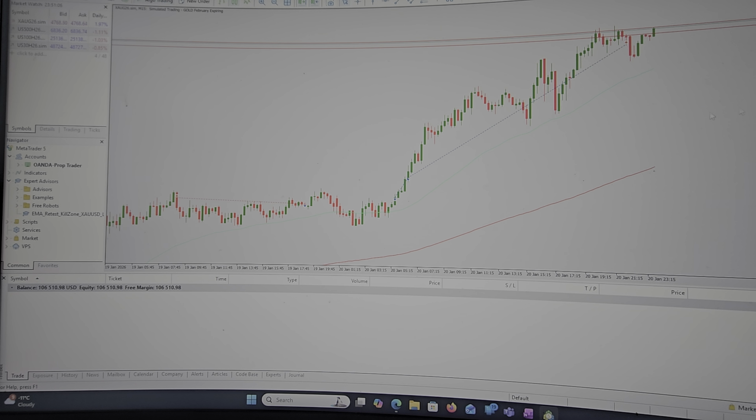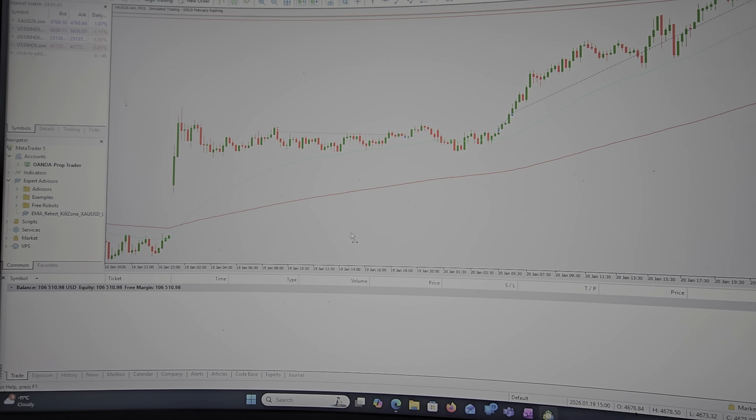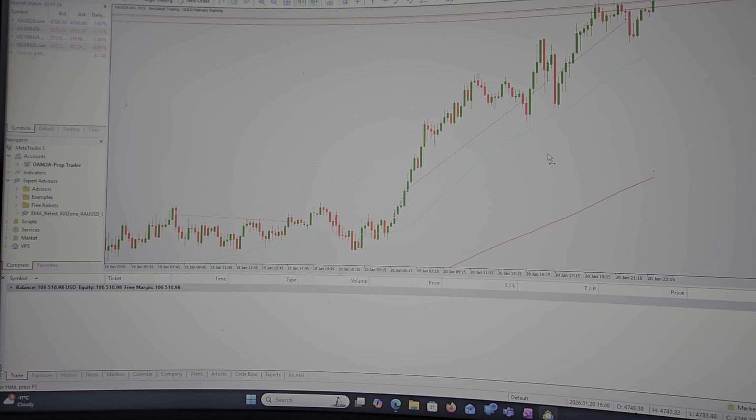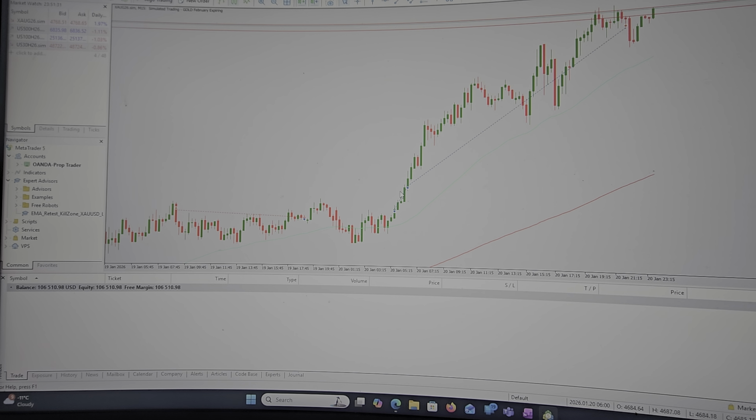I had a first position here to buy a single one volume, and then after the close of this candle, which took out this close right here, I added 10 more positions and went all the way up and closed out here.